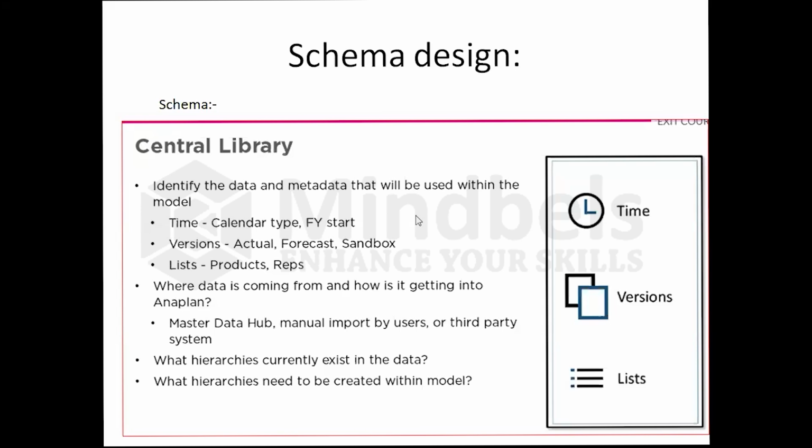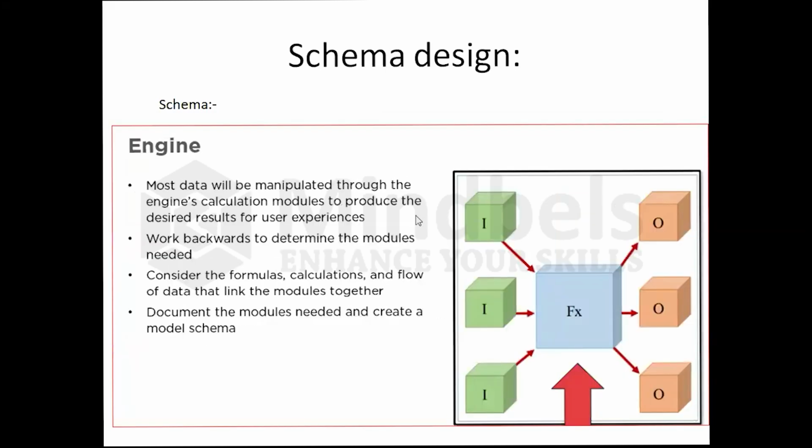Now, what about the engine, how does your engine work? Most data will be manipulated through the engine's calculation module to produce the desired result for your user experience. Work backward to determine the modules needed, which we already discussed. We need to work backward to identify all the modules needed.